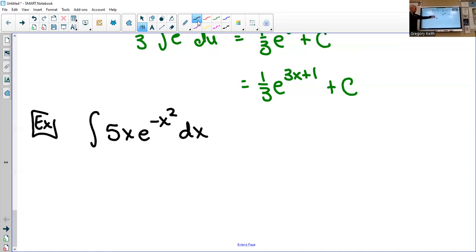But if we look at our exponent, negative x squared, what's the derivative of negative x squared? Negative 2x. So we have an x there. So this is still just a u substitution problem. They just threw a couple extra constants in there. So let's go ahead and do u substitution again.